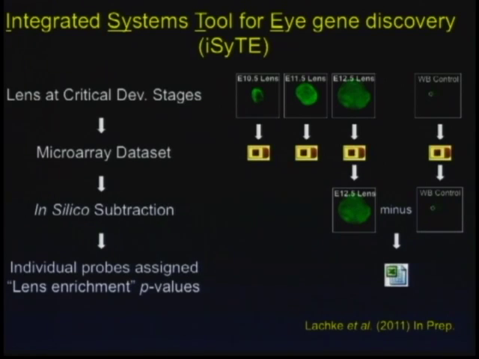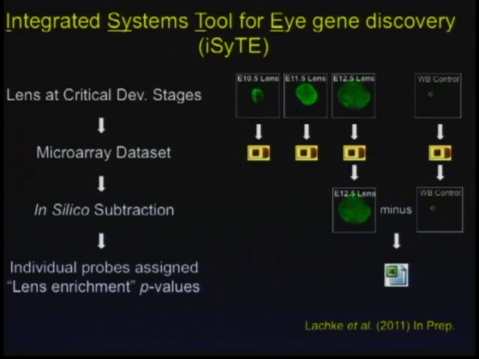And it is based on a very straightforward principle. We wanted to know which transcripts are expressed in critical stages of lens development. But that's not all. We also wanted to be able to assign what we call enrichment p-values to each of these transcripts which are expressed in these critical stages. So what we did was we identified 3 stages, starting from the E10.5 mouse lens, where it invaginates from the surface ectoderm, through E12.5, where primary fiber cell differentiation has initiated.